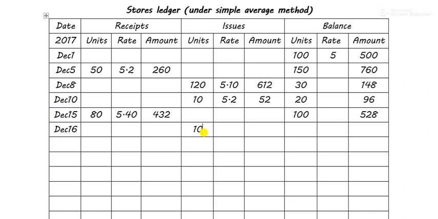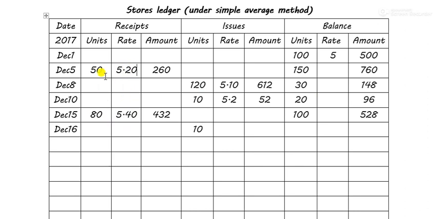Now comes the part of the rate of the shortage. Let's see what stock we have left on the date of the shortage. We have 100 units left: 80 units from this lot and 20 units from this lot. Simple, right? 5.20 and 5.40.